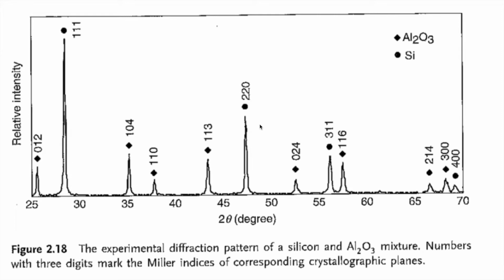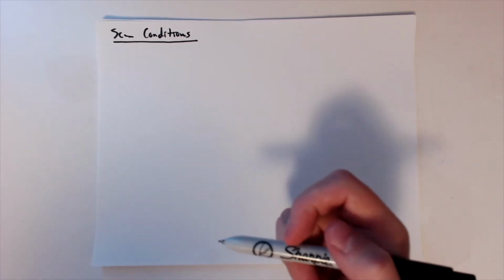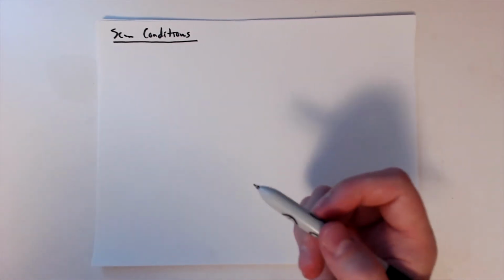Okay, so to get this information, we need to look at the scan conditions for something like this. So I'm going to switch over to the paper and we'll talk about the scan conditions. All right, so now let's talk about the scan conditions we need to obtain X-ray diffraction data like we just saw in the slides.